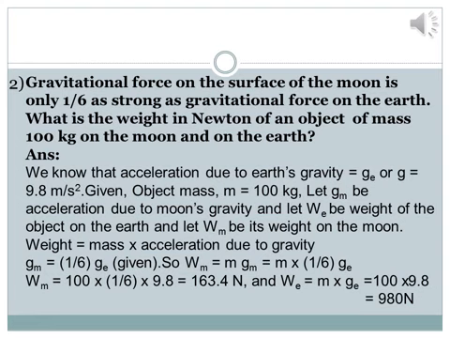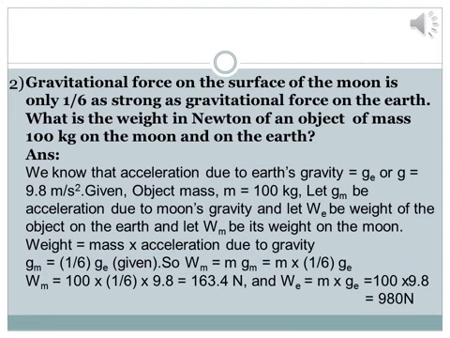We know that weight of the object is equal to mass into acceleration due to gravity. And also it is given that Gm is equal to 1 by 6 into Ge. So Wm is equal to m into Gm, which is equal to m into 1 by 6 of Ge, which is equal to 100 into 1 by 6 into 9.8, which is equal to 163.4 Newton.